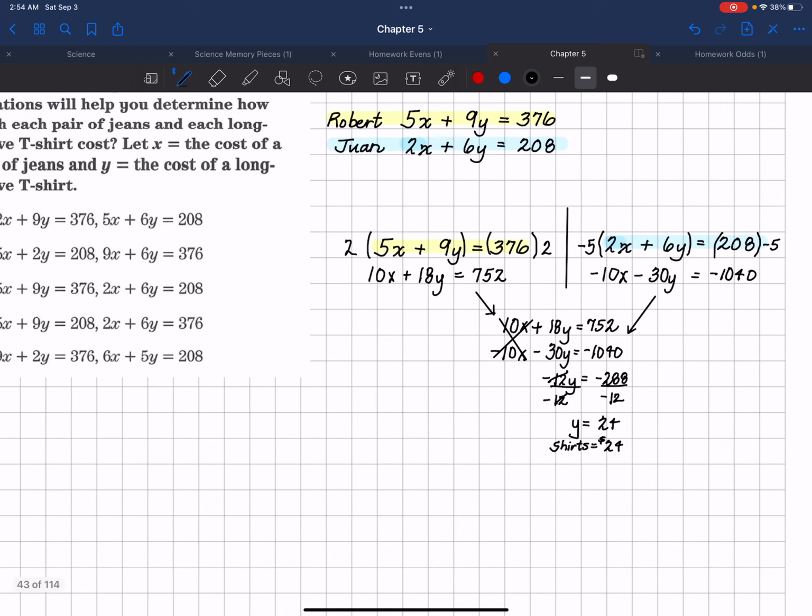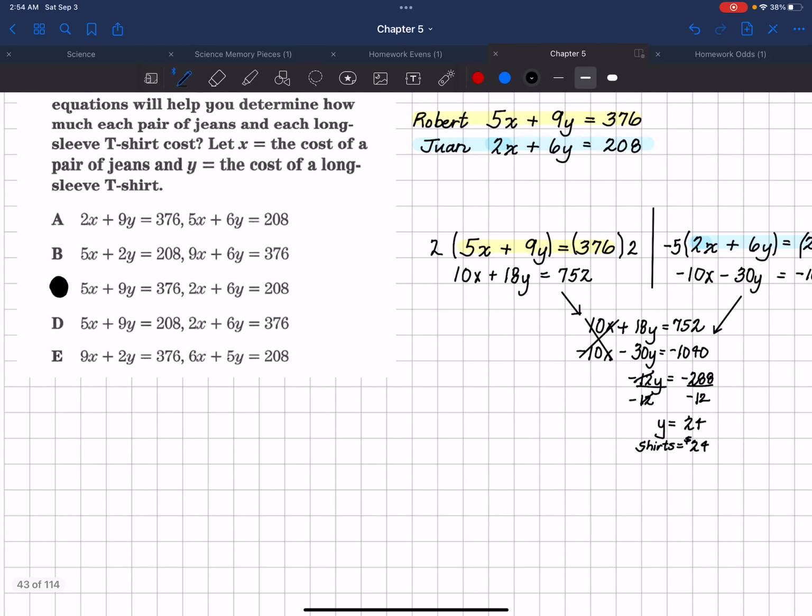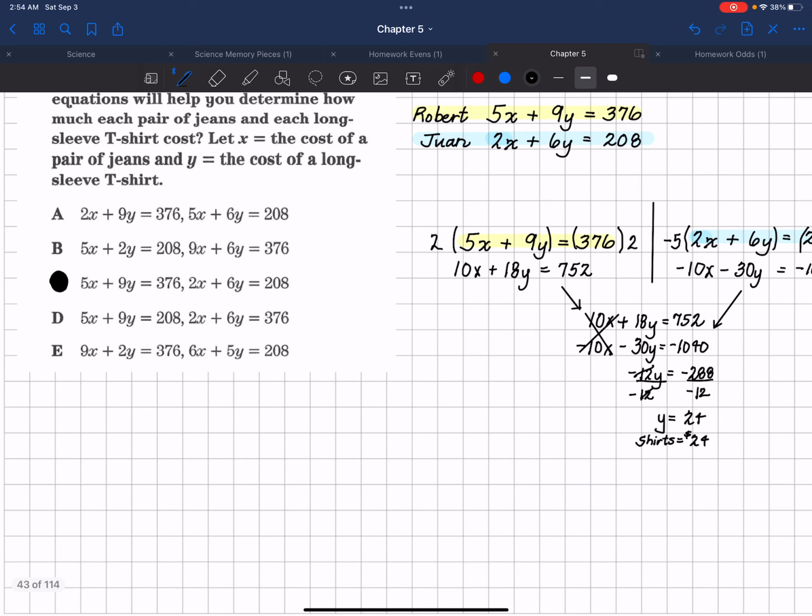Okay, then to find the cost of the pants, the jeans, you just need to take one of your equations. I'll use the first one because it happens to be there. Doesn't matter which one you use. And this time I'm going to substitute the 24 in for y. So I'm left with 10x plus whatever that product is. 18 times 24 is 432.